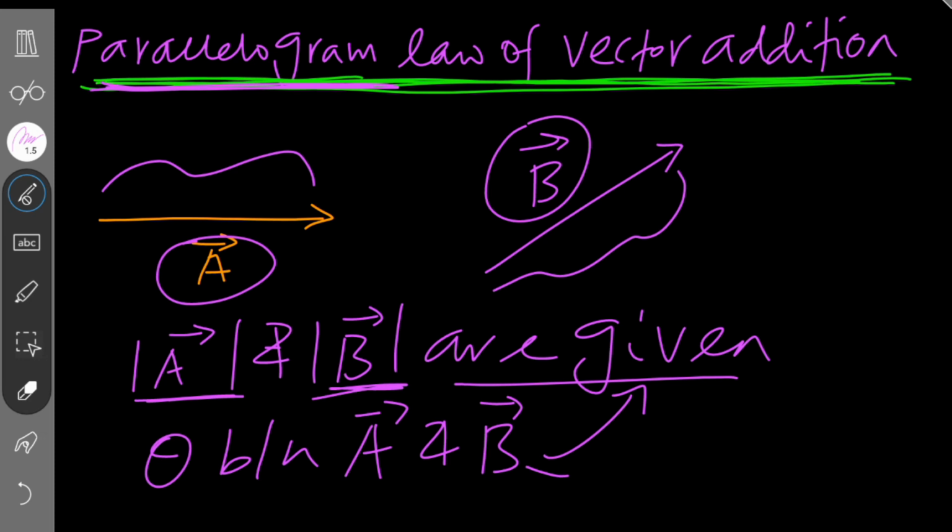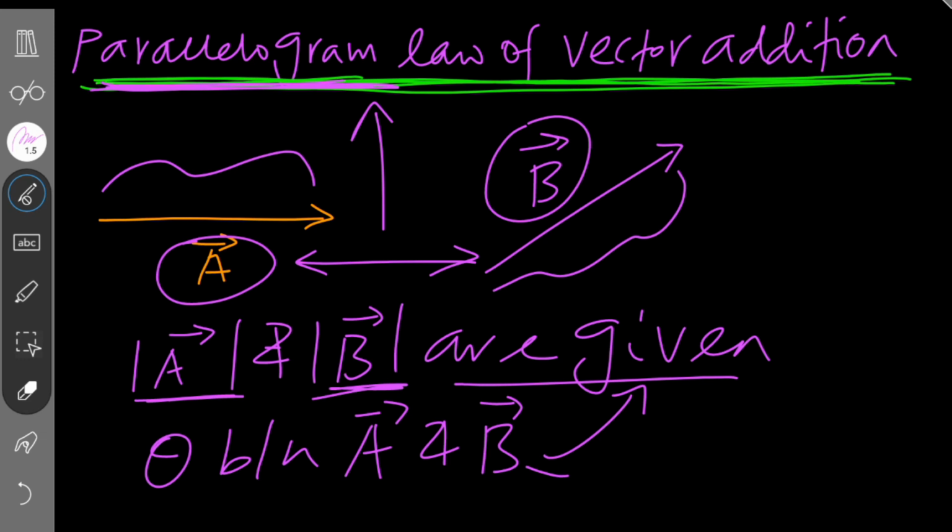The first step is to use the rule. The first rule for this case is that we join the given vectors tail to tail.